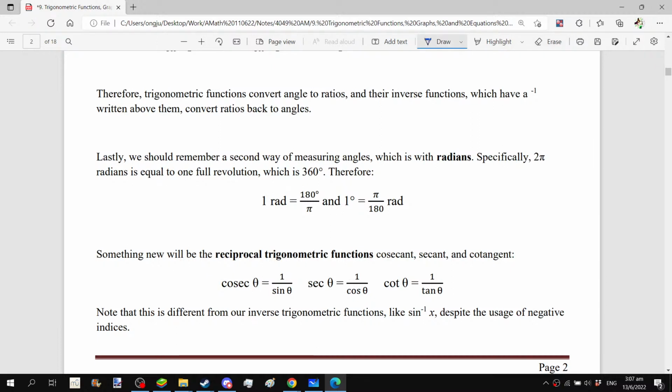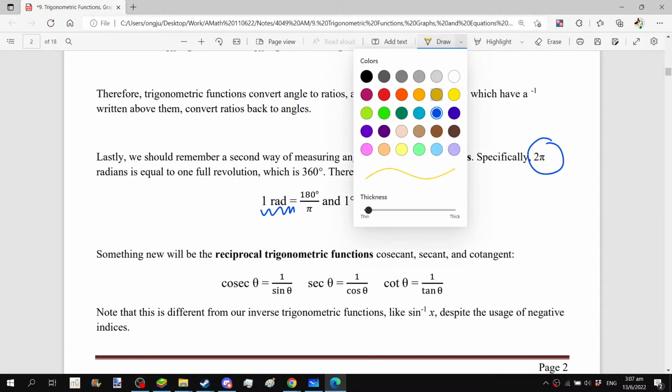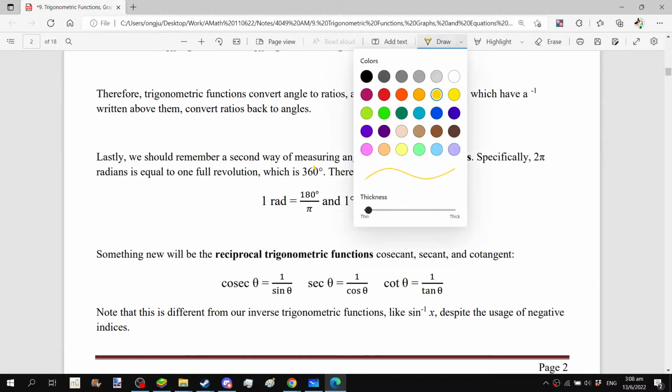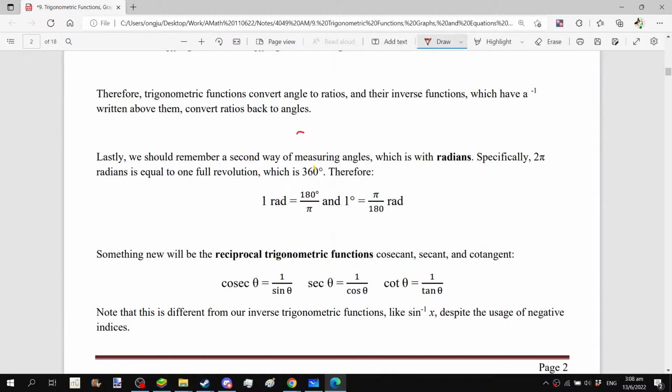In particular, I want you to be careful of radians. For radians, as long as I don't see the degree symbol, in other words, the small little o shape that you see on the top right of a number, as long as you don't see this degree symbol, you can take for granted that the angle is going to be in radians. Take for example, if I have the statement sine 4, full stop.